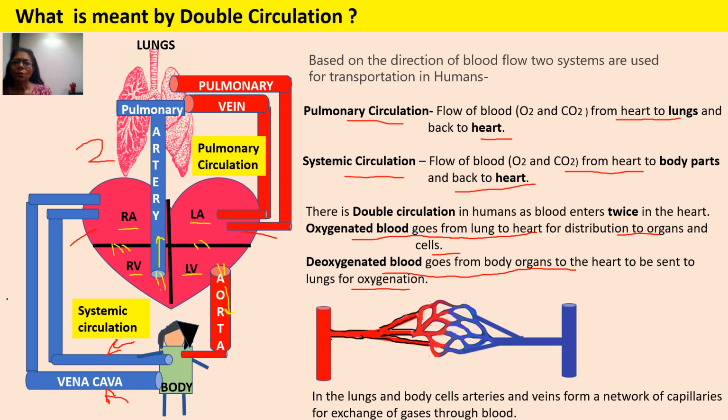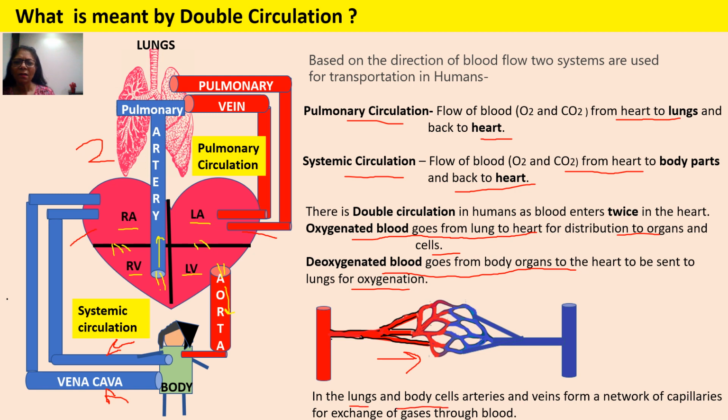Students, you must know that in these four chambers, there is no exchange of oxygen or carbon dioxide. All the body parts are supplied by arteries. They branch and form capillaries. So exchange takes place at the region of the cells of all the organs, whether it is the lung or the heart.